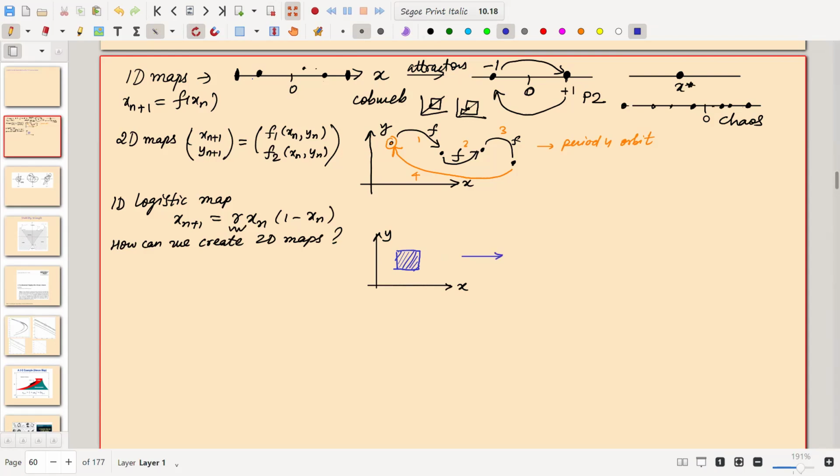If you apply a transformation like stretching along the x-axis, how will it look? It will look something like this, right?